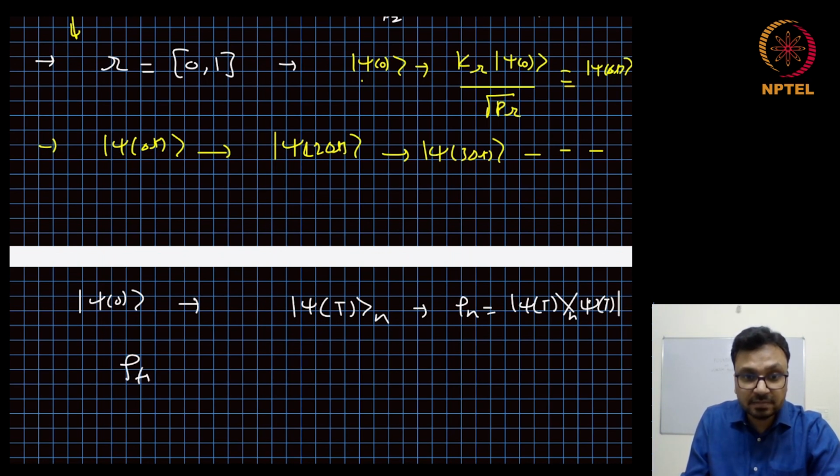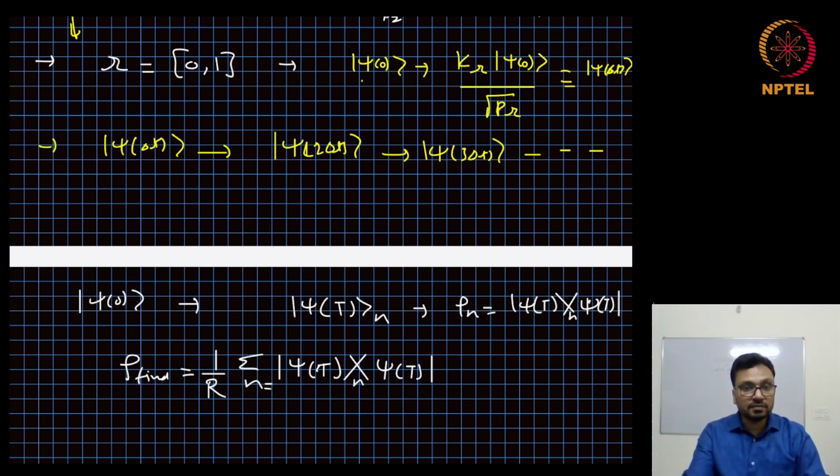So rho final will be the sum over n of psi of T, psi of T, divided by the total number of trials. Let us say we had R trials, so n is from 1 to R. So our final state will be the mixture of all the possible outputs we got in all the trials.